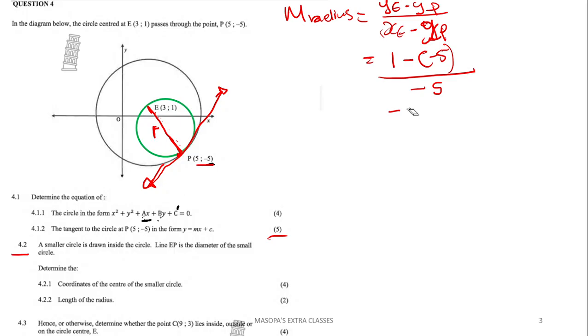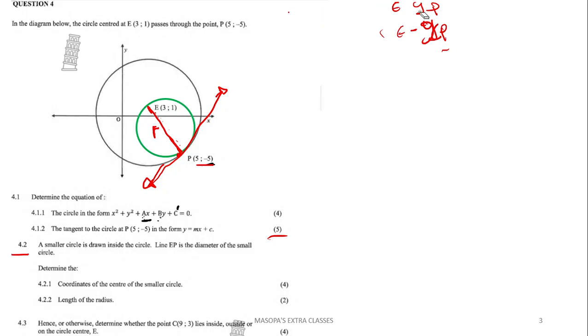I don't know if you understand. So it means that the radius of the big circle is now the diameter of the small circle, meaning that to get the radius of that circle, we can divide by 2.